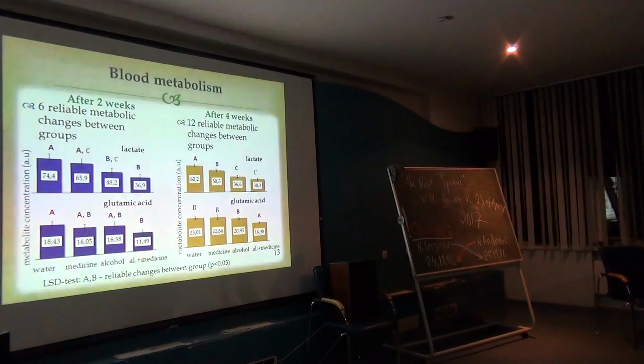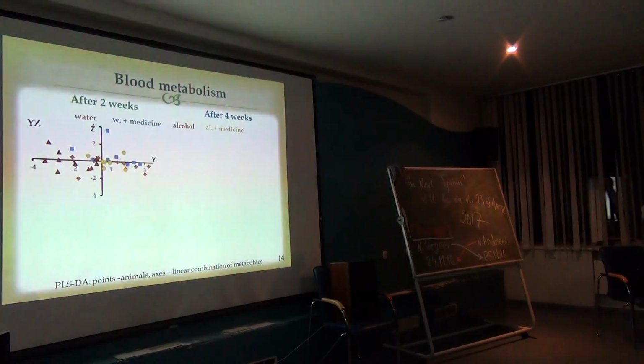We found that after 2 weeks, just 6 metabolites have reliable changes, and after 4 weeks, 12 metabolites have reliable changes. So, of course, the ethanol impact is increasing over time.